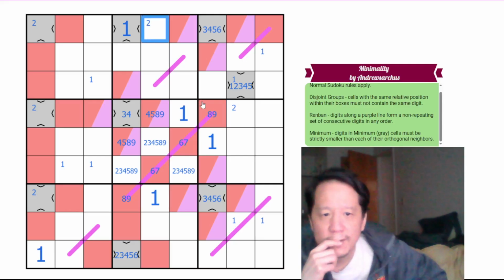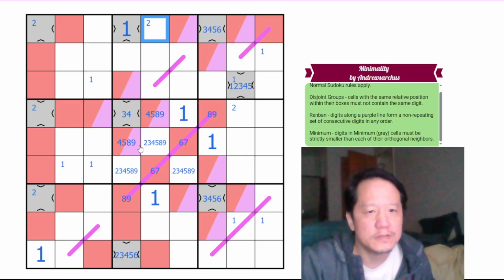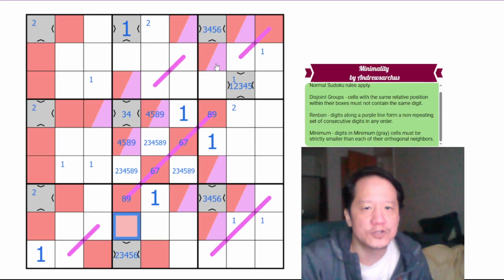Okay. What about left central positions? This could be 2. No, this cannot be 2 because this can't be 1. Therefore, that doesn't work either. So left central positions, none of these can be because 2 has to be in one of the minimums here.